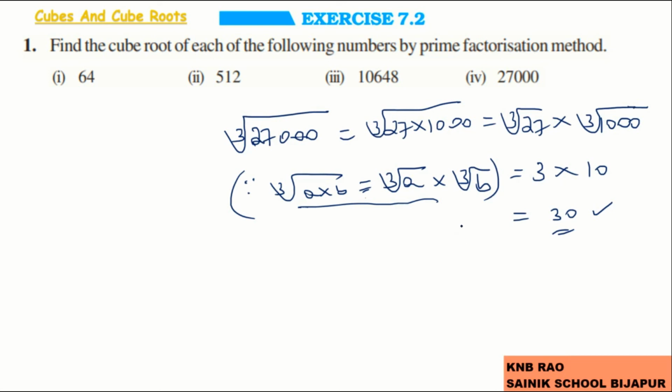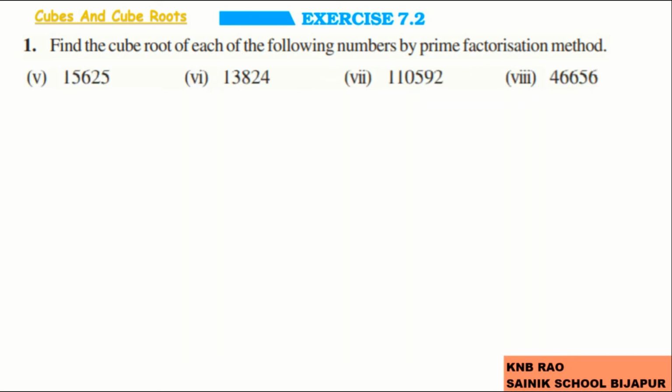So we have got in this question number 1 a total of 10 questions. I am giving you 5th onwards as homework. Here are question numbers 5, 6, 7 and 8. Pause the screen, note down these numbers, and find the cube root of them using the prime factorization method.